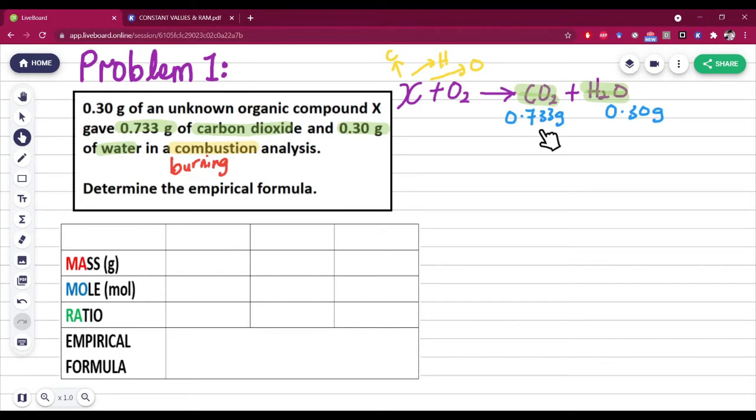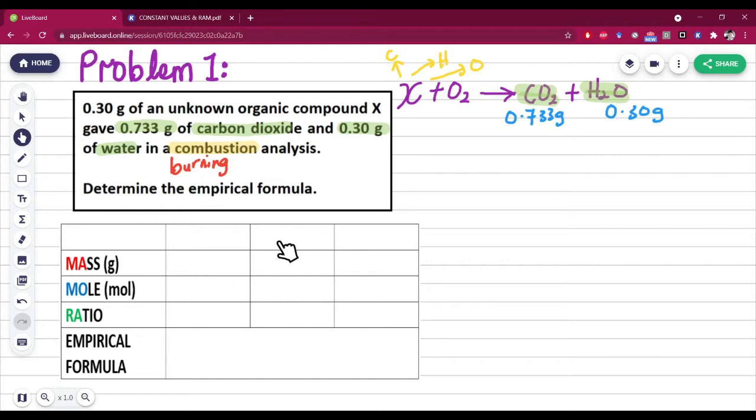Unlike what we learned in the mass composition, when you see the mass here, you cannot directly put it in here. That is completely incorrect. If you have this kind of question involving combustion data analysis, you cannot take this and put it in here.